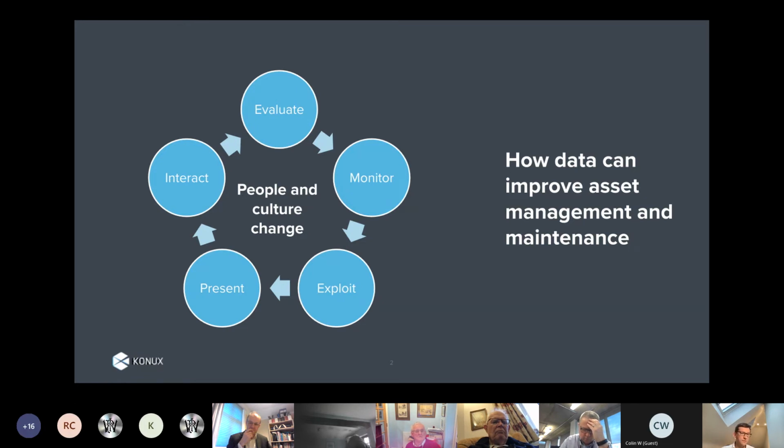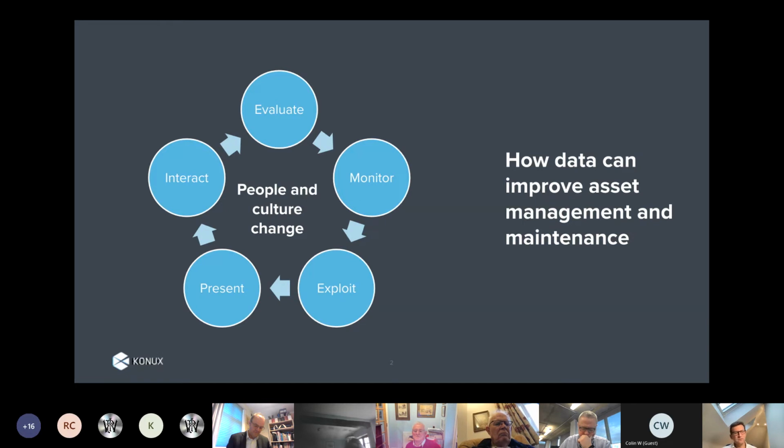And then once you've got that, you need to give it to people. You need to be able to get it to the right person in the right format so that they can use it as part of their day job. That's where there's a really strong link to people and culture change: making it accessible and making it easy are things that really need to be thought about when presenting data to people if we want them to grab hold of it and run with it.